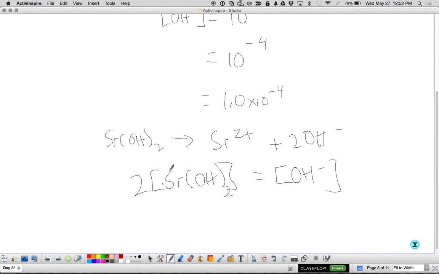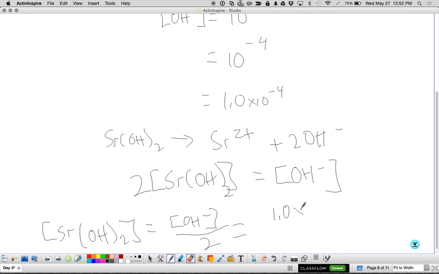Make sure that you don't put this on the wrong side, that's a big no-no. So concentration of strontium hydroxide equals concentration of hydroxide ion over 2, which is 1.0 × 10 to the minus 4 divided by 2.